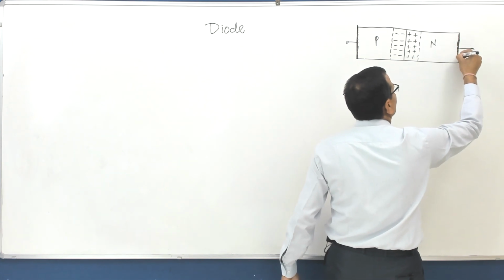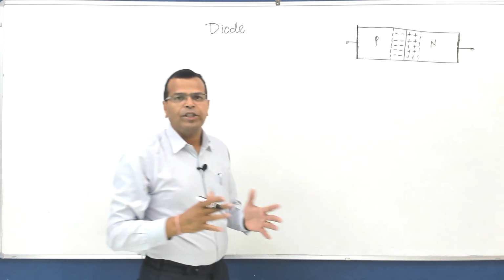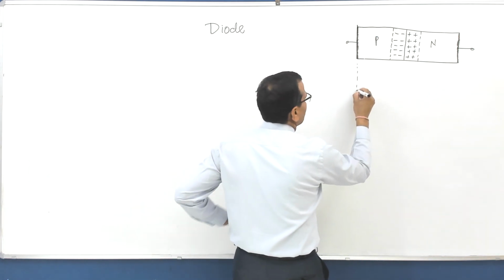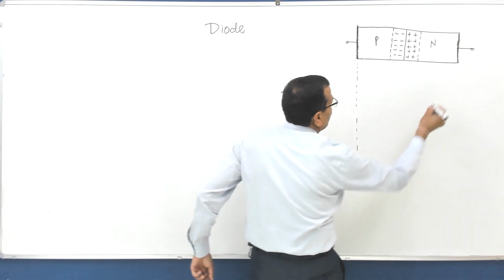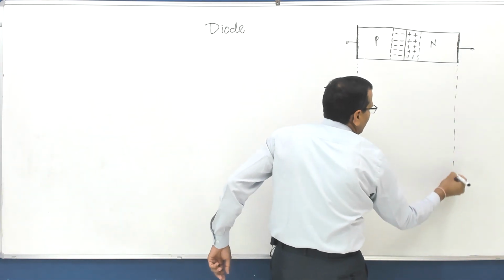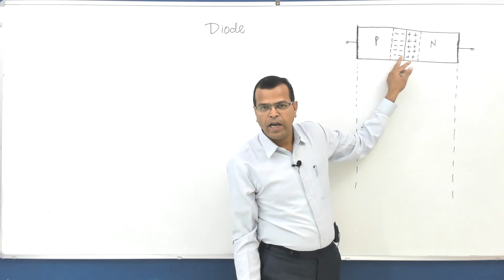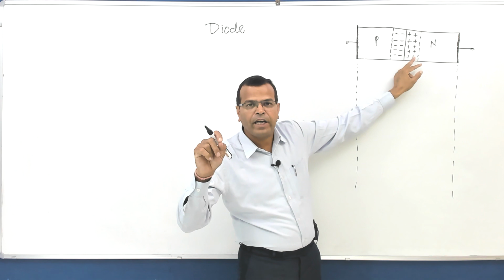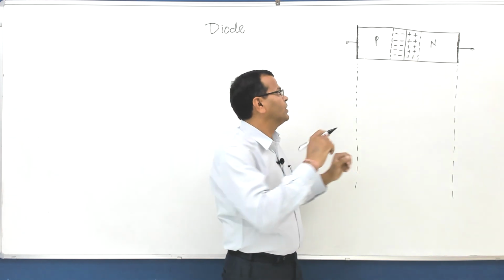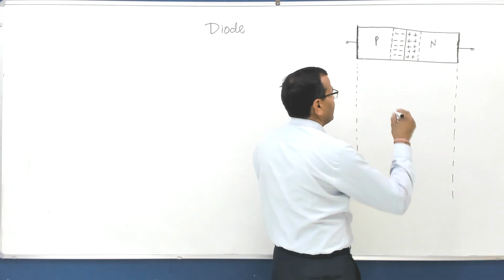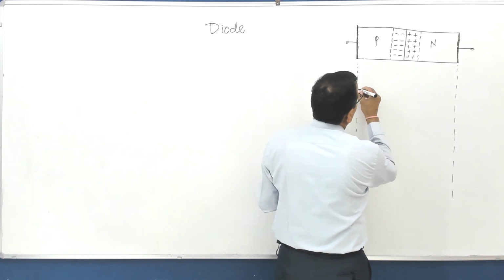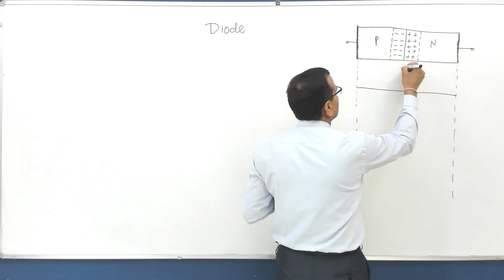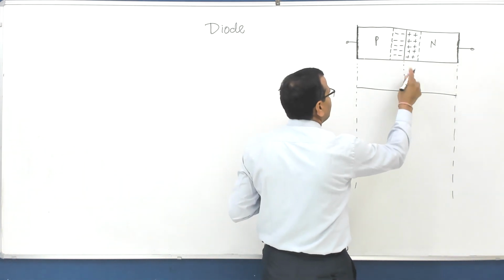Now we will see the variation of electric field, but you can just see in the open circuited PN junction on P side I have the negative bound charges. On N side I have the positive bound charges of the impurity atoms. So here if you see the charge density in the depletion layer, this is the junction.